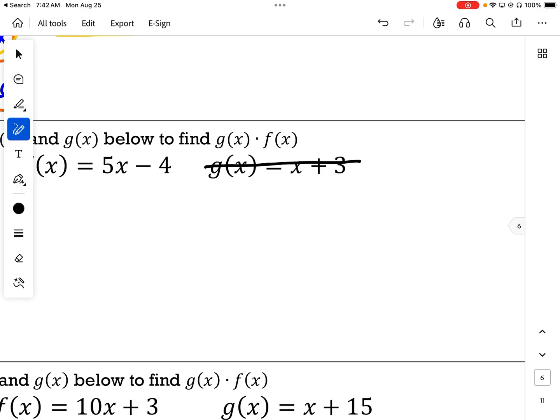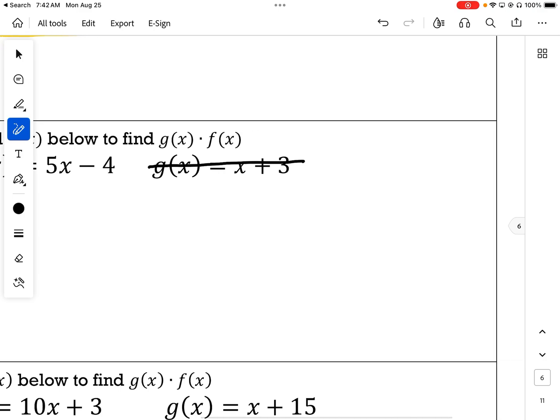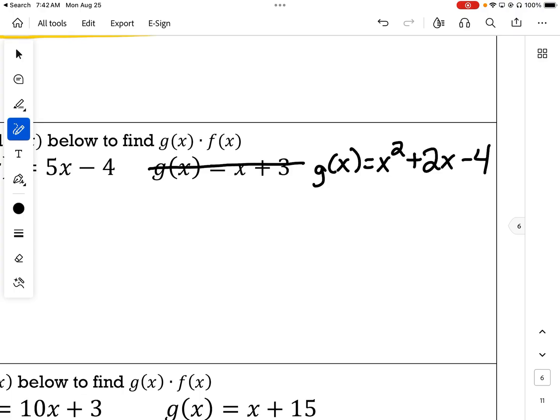So example 2 gives us f of x equals 5x minus 4. We're going to change g of x, so mark that out. And rewrite g of x, we're going to do x squared plus 2x minus 4.